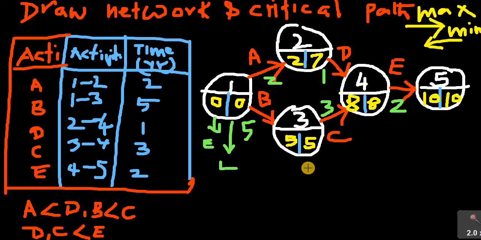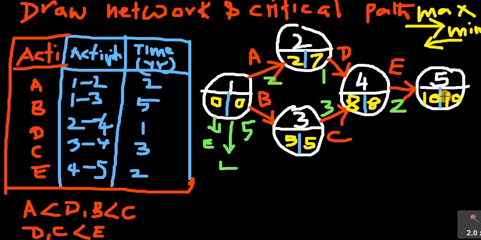Now we have to note which are the events where the earliest time and latest time are equal. Here earliest time and latest time are not equal. But here earliest time and latest time are equal, and here equal, and here equal, and here equal.